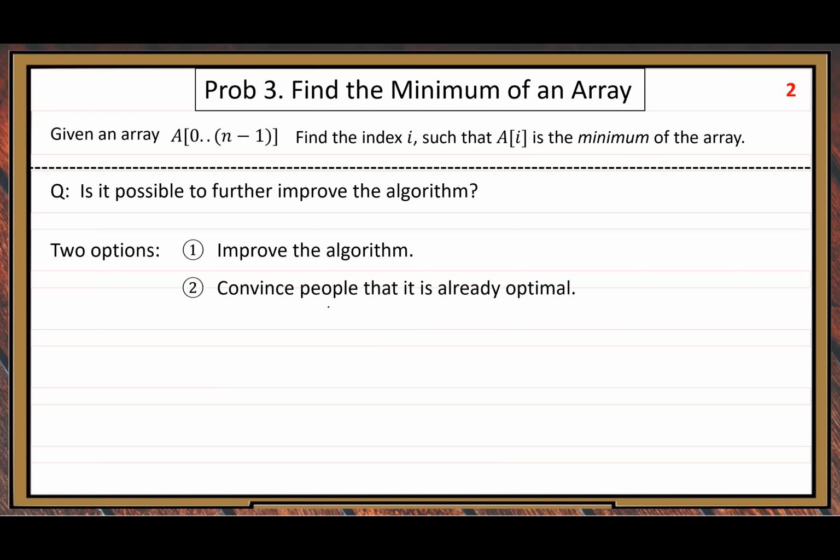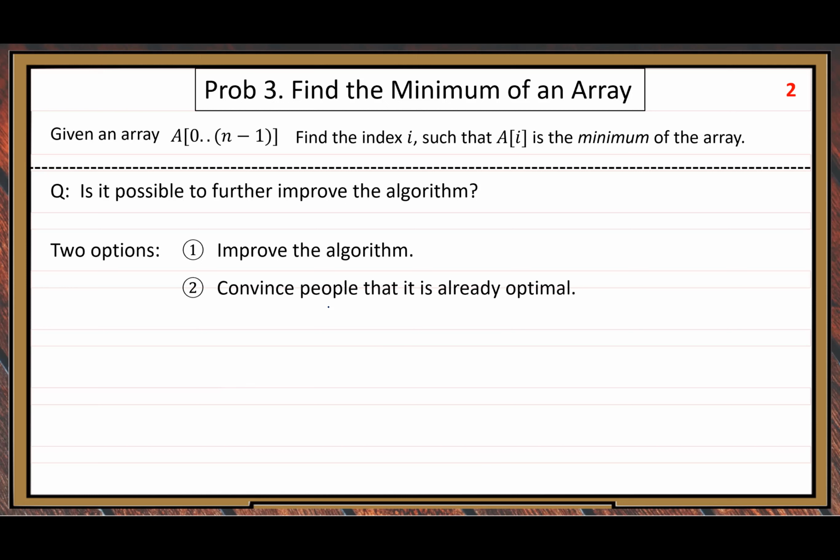So we should have the second option. If we cannot improve it, we can try the second option: convince people that the current algorithm is already optimal.